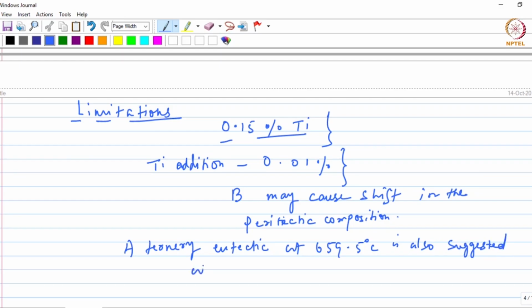And in terms of composition, it is at 0.05% titanium and 0.01% boron. And the ternary eutectic reaction goes as follows.